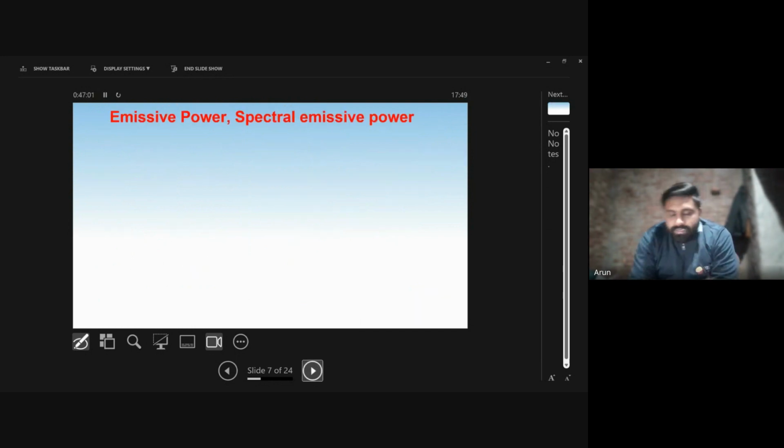Now, we will discuss the emissive power and spectral emissive power. What is the emissive power?